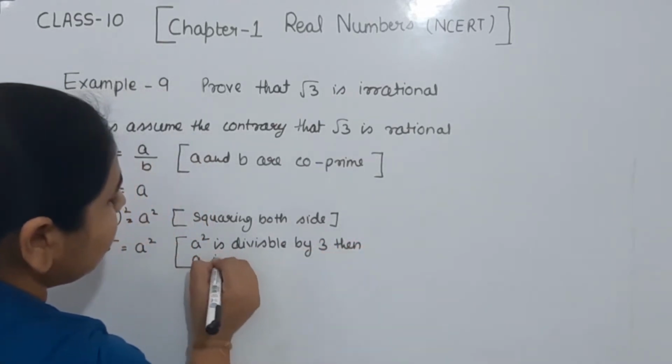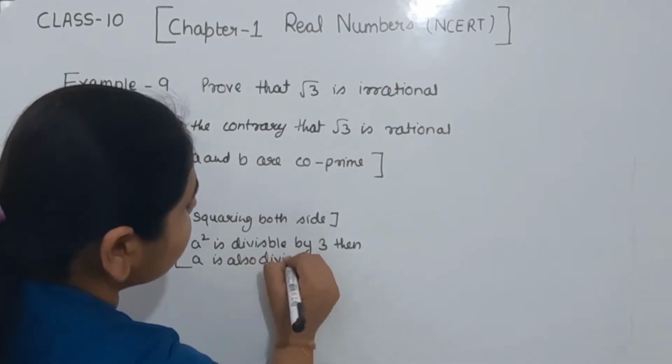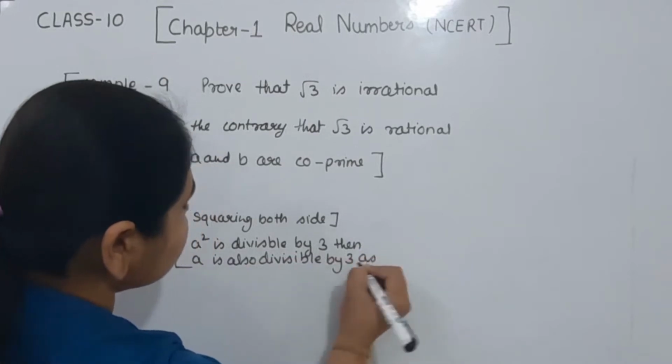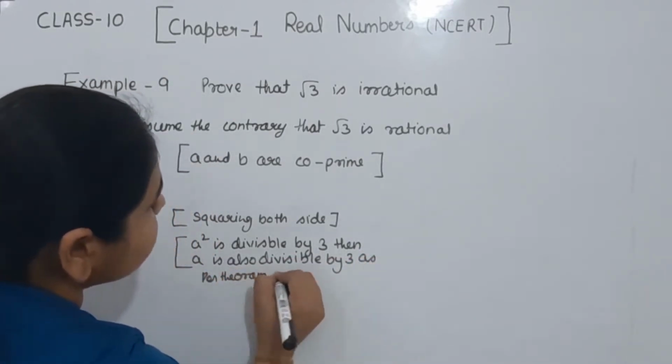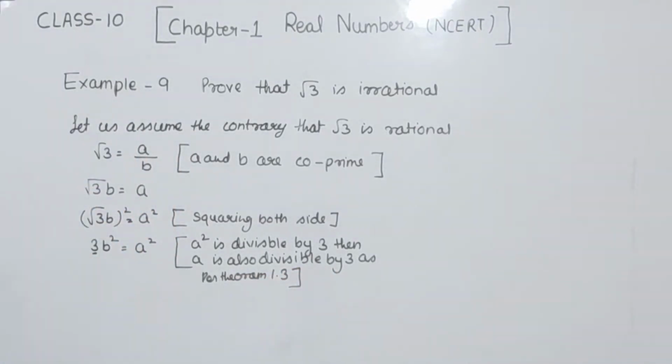Then a is also divisible by 3, as per theorem 1.3 we have learned. So this one we are having here. Now we have 3b square equal to a square.